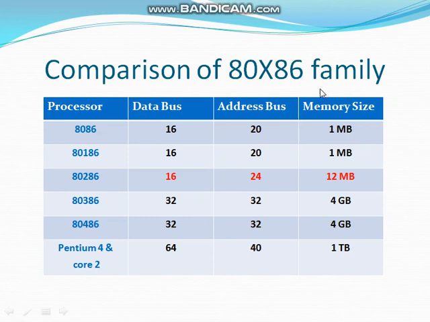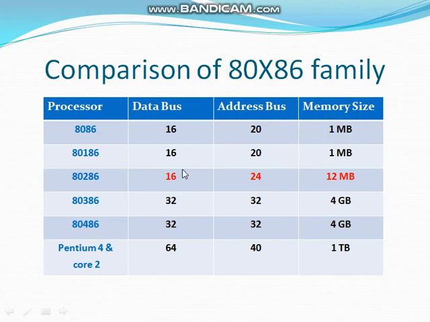So memory addressing capability is always calculated as 2 to the power of the number of address bus bits. So that's why 2 to the power 20. It is 1 MB of addressing capability that 8086 has. 186 has the same features, that is a 16-bit data bus, 20-bit address bus, and memory addressing capability also 1 MB.